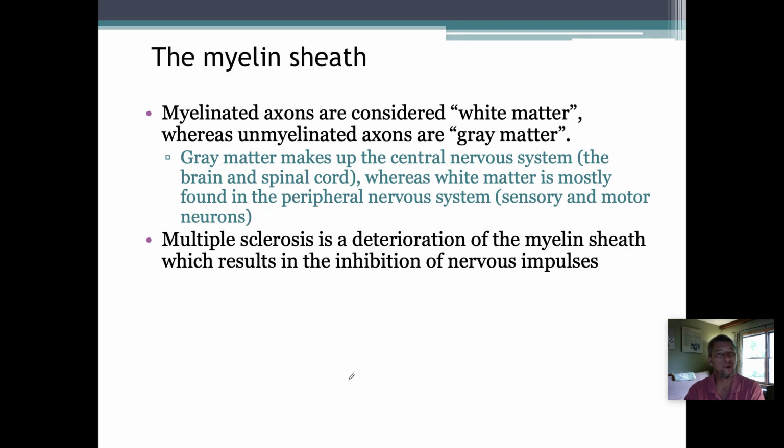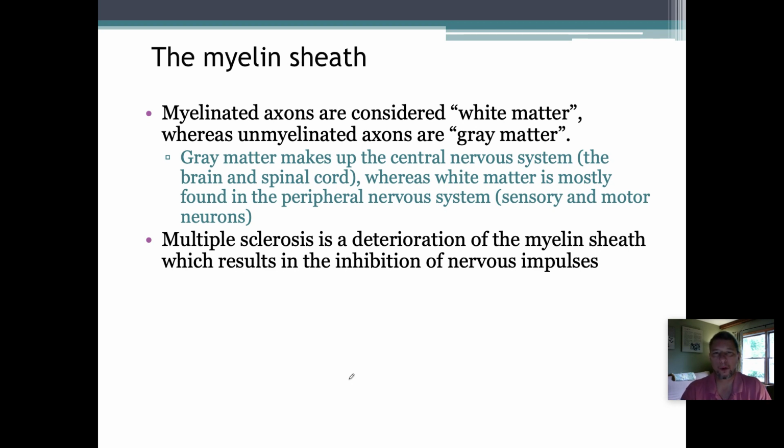The gray matter is mostly the central nervous system, the brain and the spinal cord, whereas white matter is mostly found in the peripheral nervous system, which consists of the sensory and motor neurons. So the sensory and motor neurons tend to be myelinated. The interneurons tend to not be myelinated.